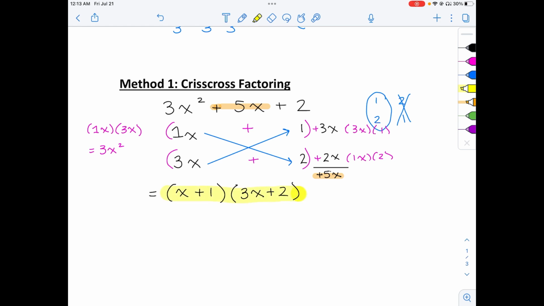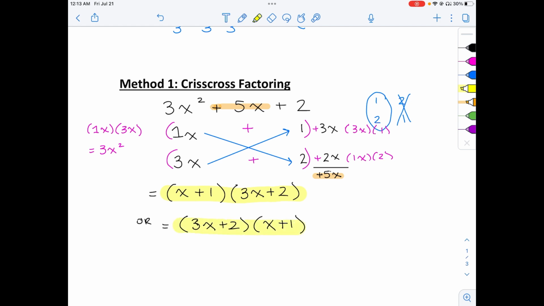The main thing is making sure you have your numbers in the right spot to crisscross. But once you do, that is how you write your factored form. And it's totally fine if you had put 3x on top and the 1x on the bottom. Similar to the previous unit with factoring, it doesn't matter what order your brackets end up going in. Like you could have them like this. As long as the contents of them are the same, then that's fine.